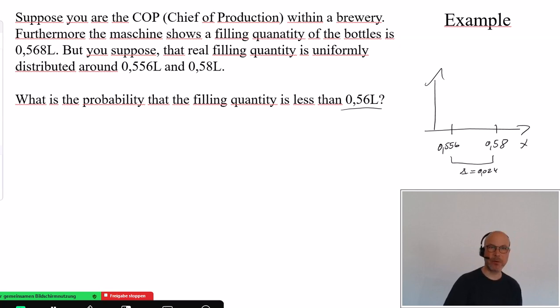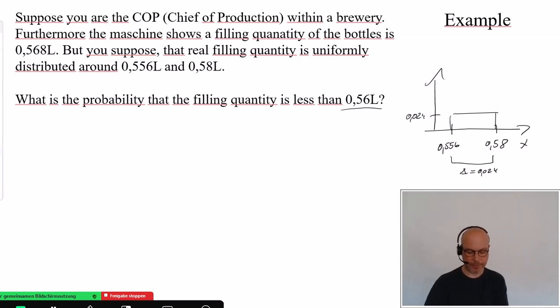And then we have learned this, the integral over the whole distribution function has to be 1. Here we have a rectangle, and therefore the height has to be 1 over 0.024. This is our density function.